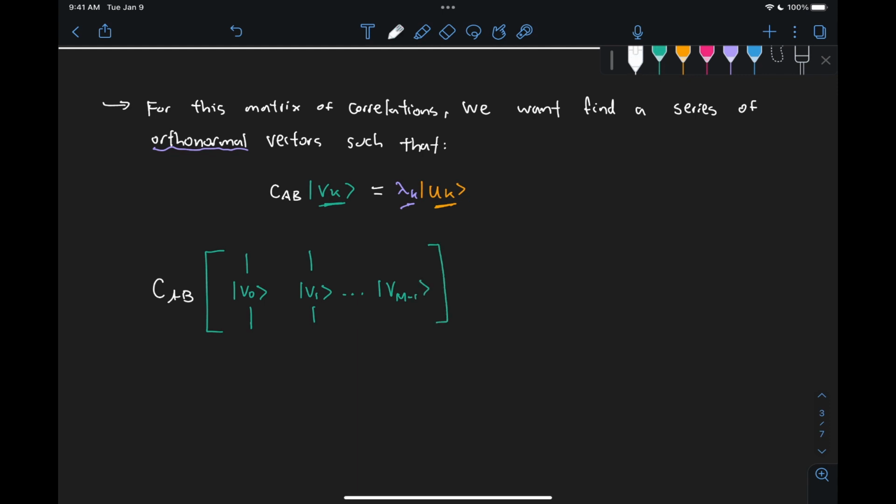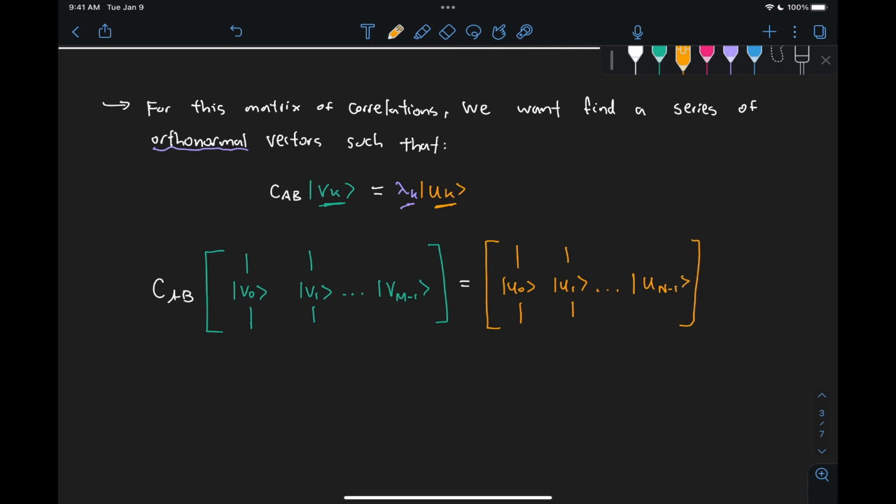And then we want this to be equal to some series of vectors in the space of subsystem A. So some U0, which is also a column vector, some U1, and then all the way to a U sub n-1, right?